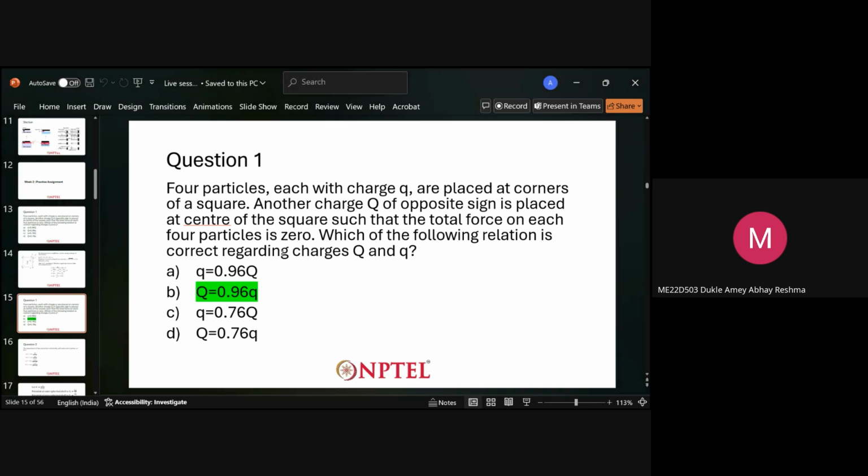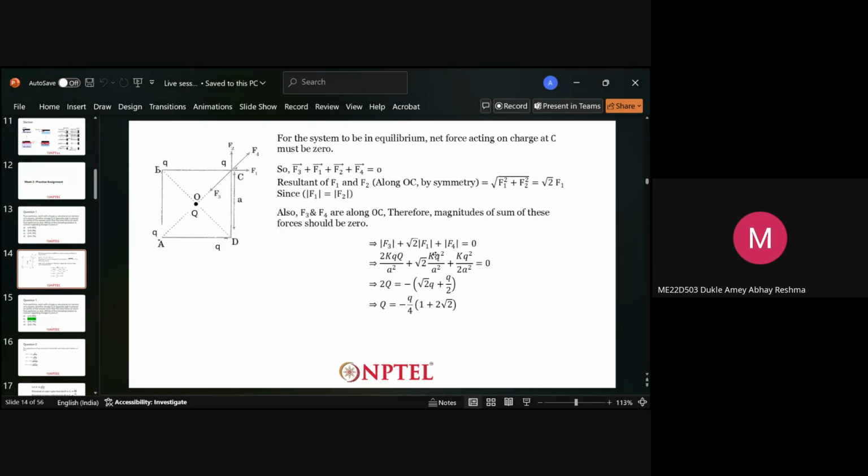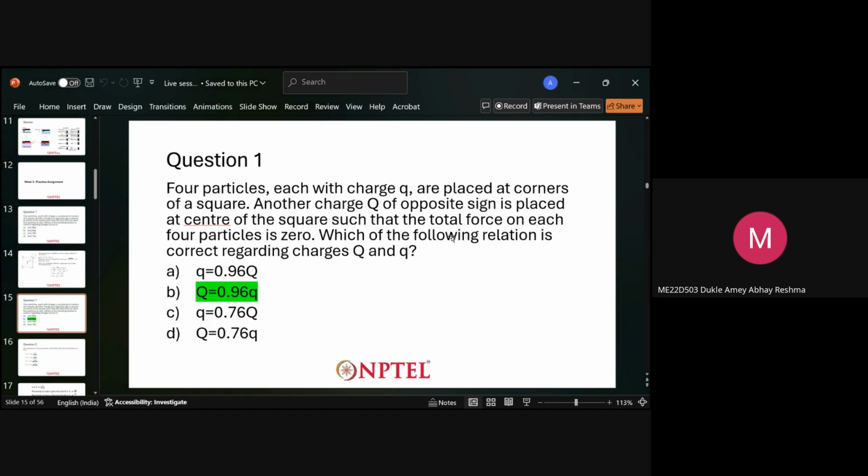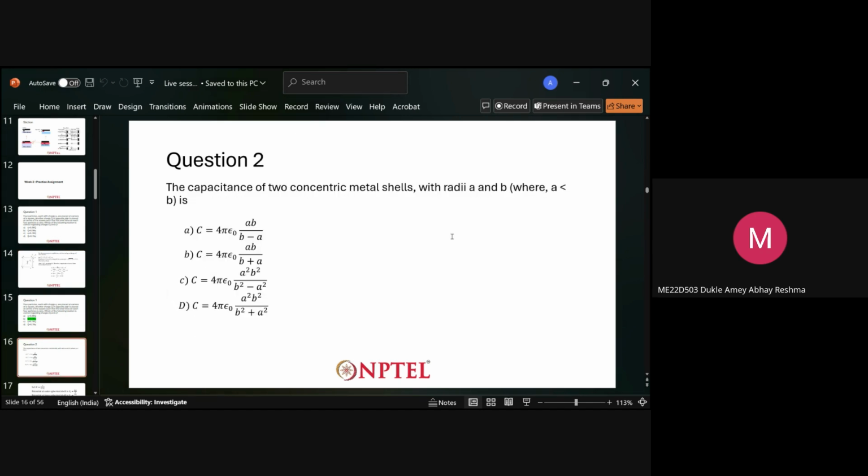Anyone who could not understand this calculation, please let me know. Okay, fine. Since nobody is unmuting themselves, we will move to the next question.